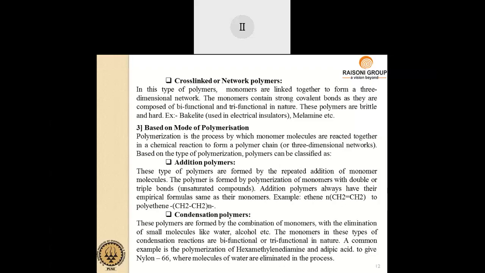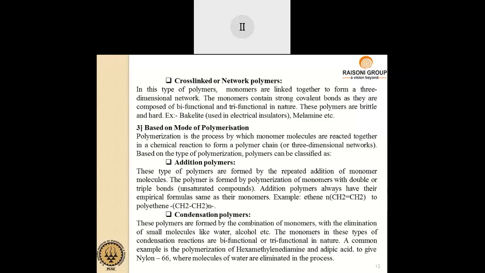After addition polymers, we have condensation polymers. These polymers are formed by the combination of monomers with the elimination of small molecules like water, alcohol, etc. In these polymers, a condensation reaction has happened with bifunctional or trifunctional monomers.